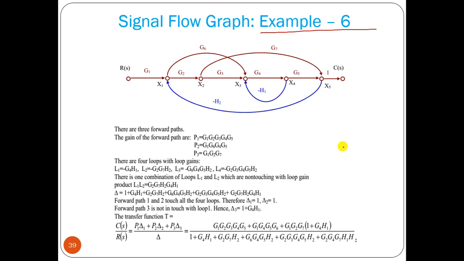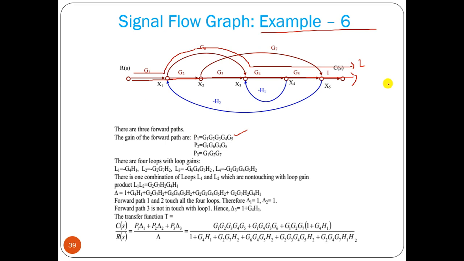Here it will be an interesting one, because we have one forward path. What is the gain? G1, G2, G3, G4, G5, that is P1. Then we can have another forward path up to G1, then we can jump here and go this way.